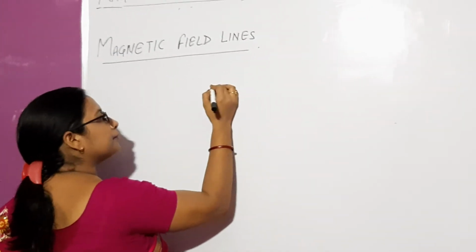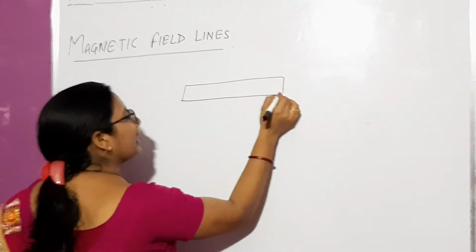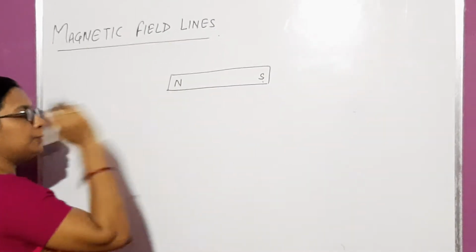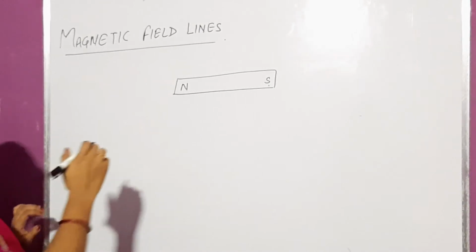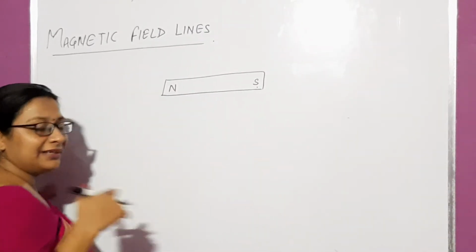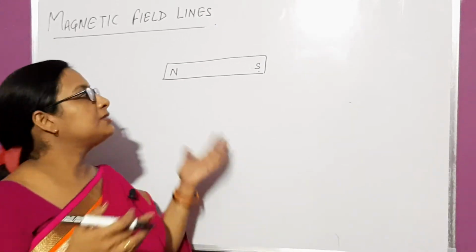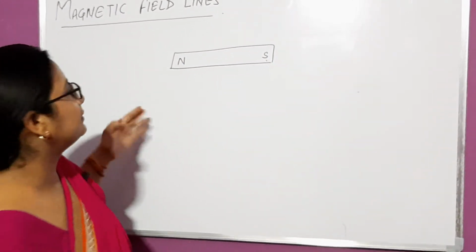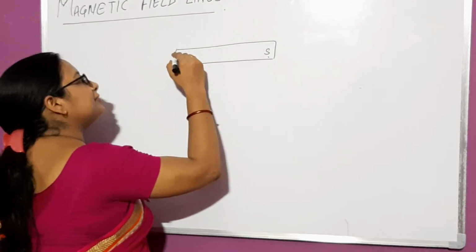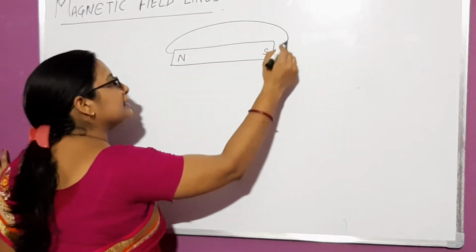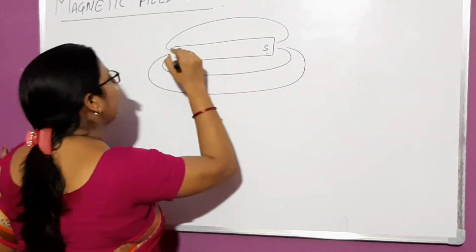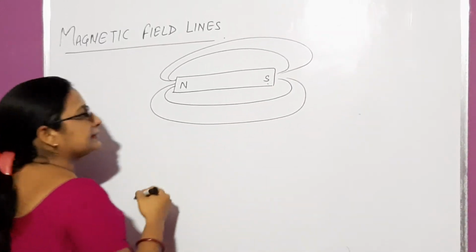Suppose this is a bar magnet and it has two poles, north pole and south pole. Because it is a magnet, it creates a magnetic field around it, and the magnetic field lines of this magnet are like this. The pattern of magnetic field lines is like this.